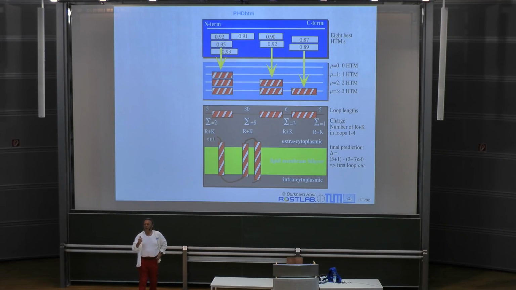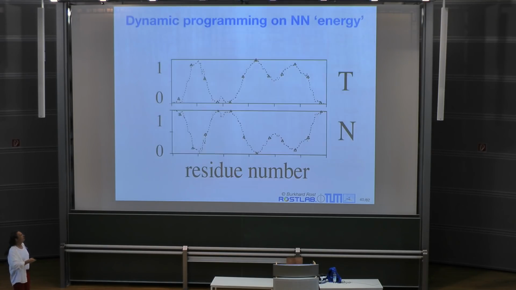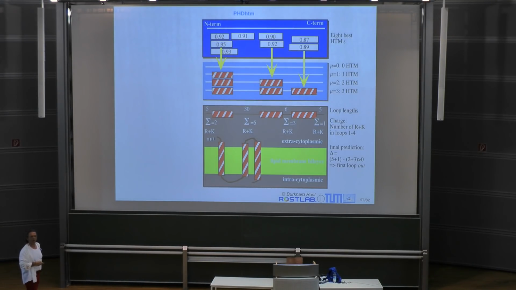In the simplest way the algorithm proceeds in the following way. It says, well, if my protein would have one transmembrane helix, which one would you pick? And by the way, the labels here on these segments essentially are the average values. You sum over all these points and you average by the number of points you have, residues. So the maximal value is 1, obviously.